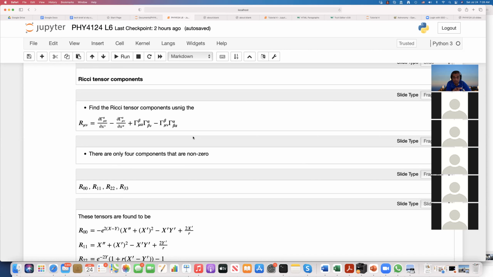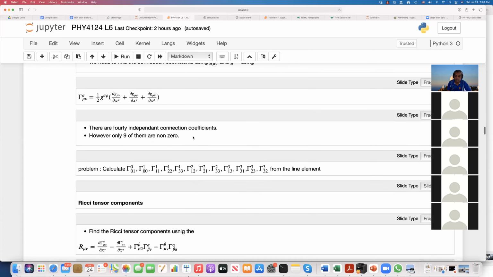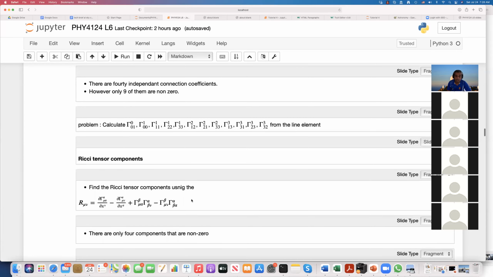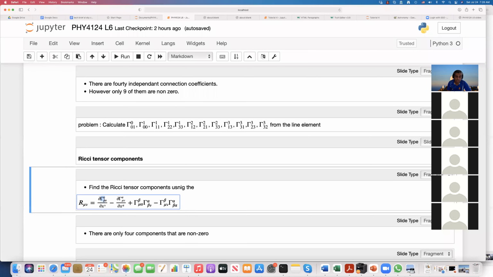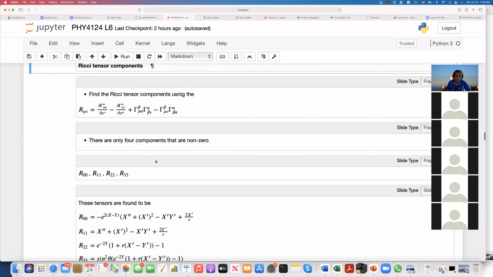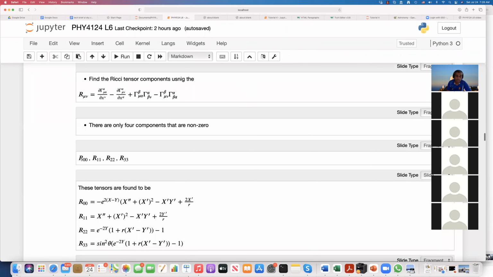You can use this above equation right here to find the Ricci components. Once you know the connection coefficients, you can see that the Ricci tensor is a function of connection coefficients. So that's why you first need the connection coefficients, and then you have to calculate the 4 components of the Ricci tensor.